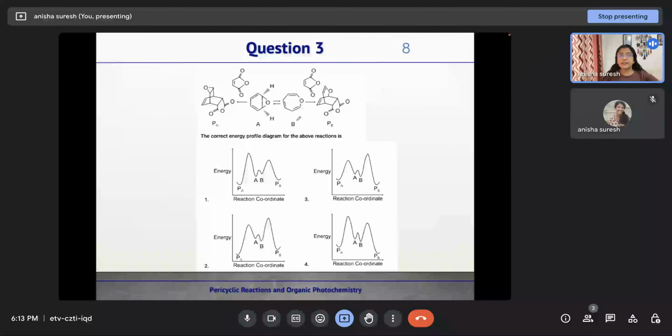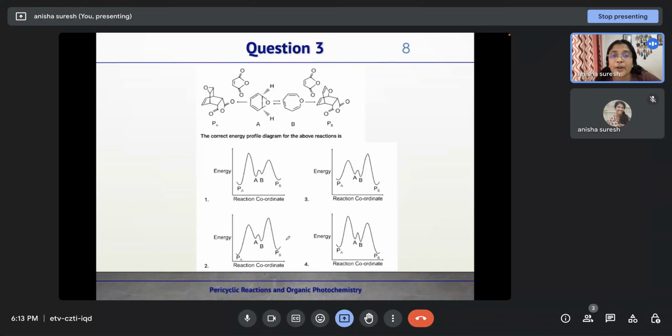And then B and A can react with maleic anhydride leading to formation of this product Pb and Pa respectively.